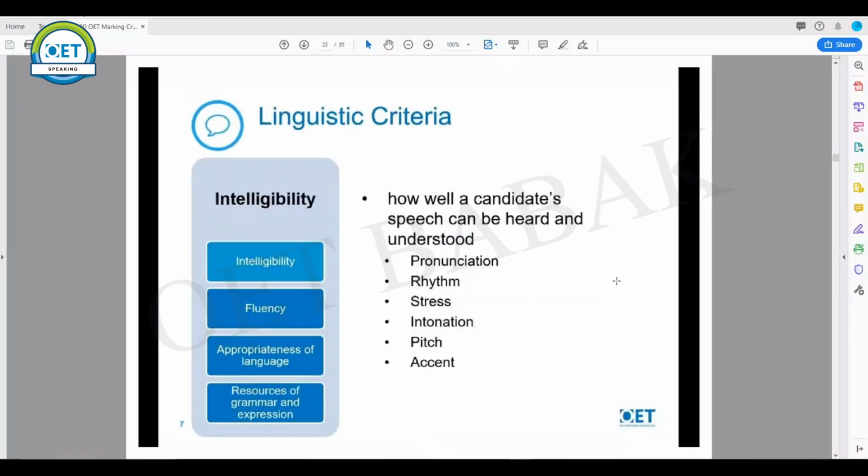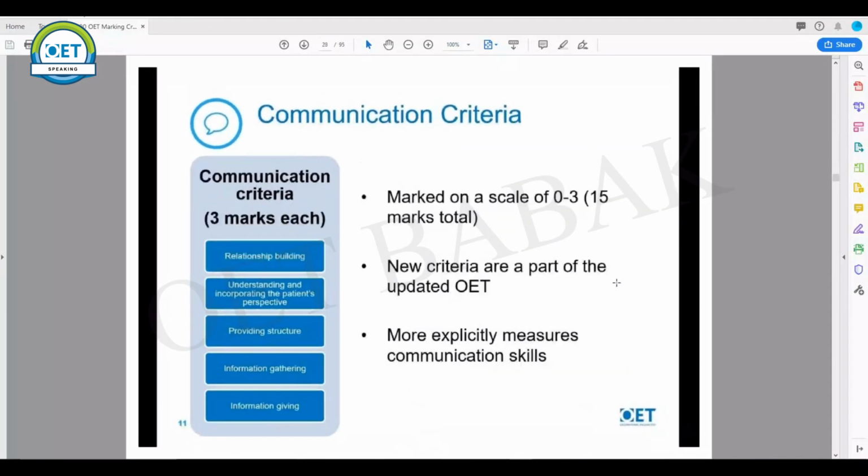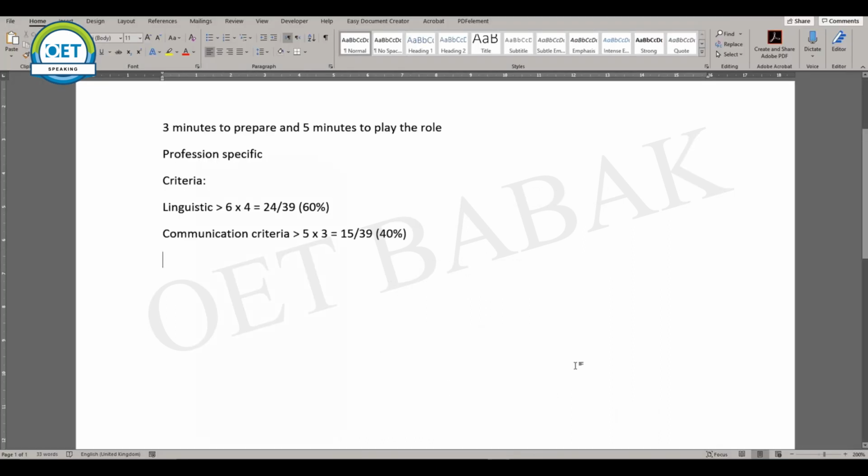So what is this communication criteria? Well, the communication criteria is based on a consultation model called the Calgary-Cambridge model. I don't know how familiar you are with this.